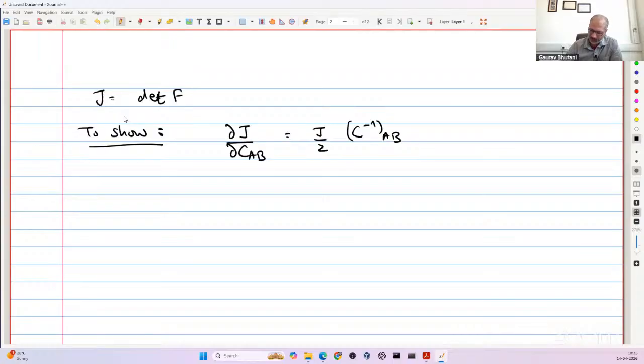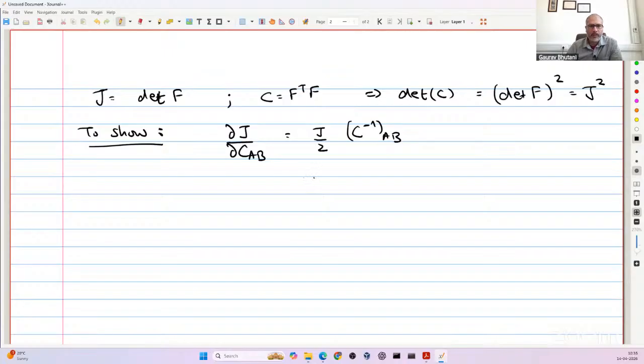Let's write the relationship. So J is basically Jacobian, which is determinant of F. And then we also know that C is F transpose F. So what that basically means is that if I write the determinant of C, it turns out to be the square of the determinant of F, which basically is the square of the Jacobian.